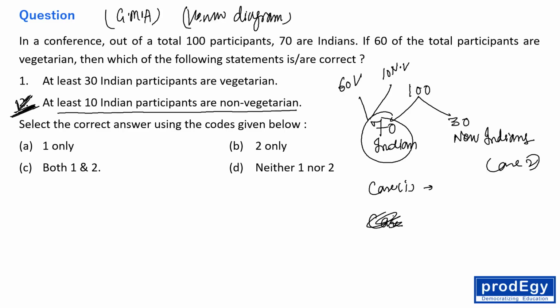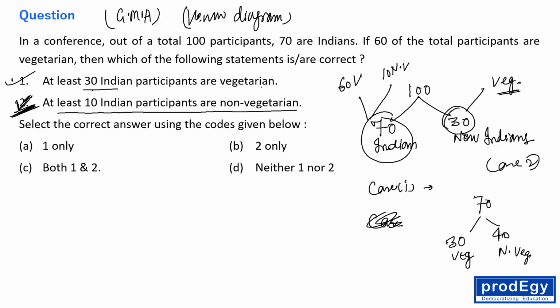I'm writing here. So case 2, let's say these 30 non-Indians are veg, then obviously 30 Indians will be veg and 40 Indians will be non-veg. So out of those 70, 30 are veg and 40 are non-veg. The question says at least 30 Indian participants are vegetarian. This is also correct, from case number 2, 30 Indians are veg.